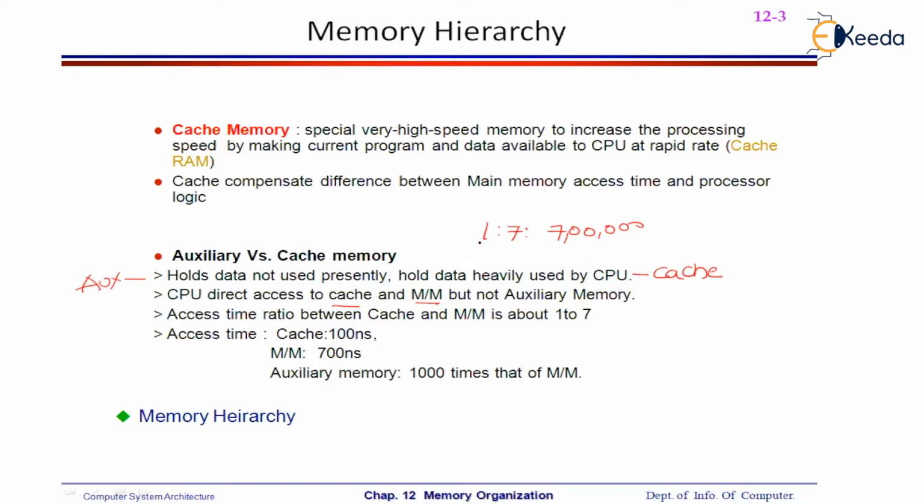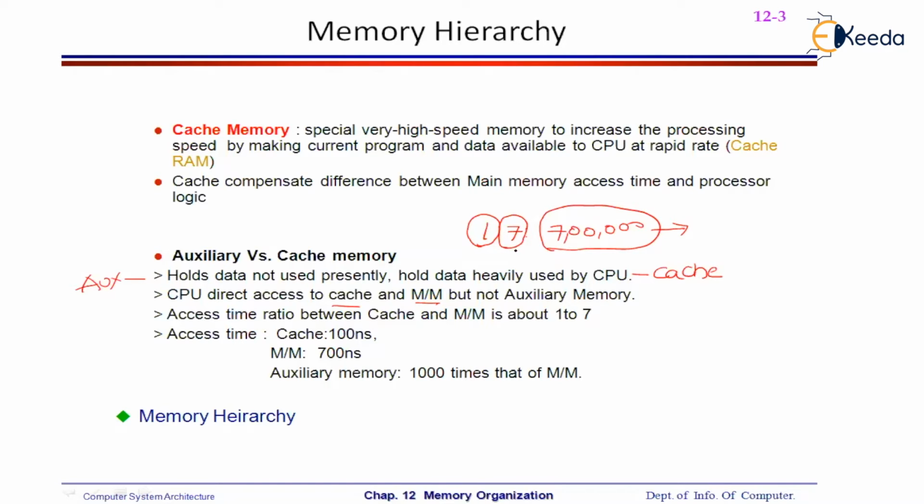If it takes one clock cycle to search for a data element in the cache memory, the same data element will take as many as 7 clock cycles in the main memory. But if the same data has to be found in the secondary memory, it may take as many as 7 lakh clock cycles, because in the advanced days of computer architecture, the difference between secondary memory and main memory is immense.